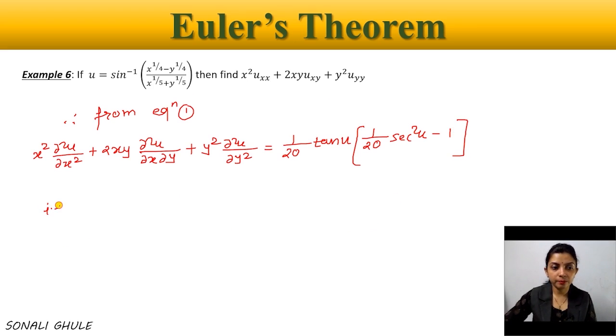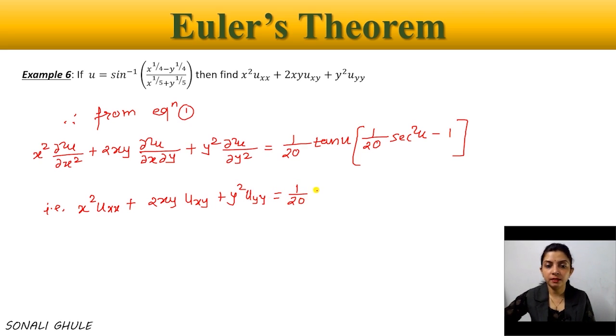That is, I can write x square u xx plus 2xy u xy plus y square u yy is equal to 1 by 20 tan u in bracket sec square u upon 20 minus 1. Okay. So this is our final answer.